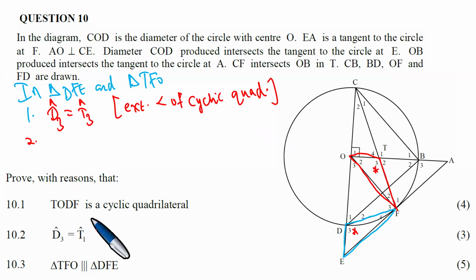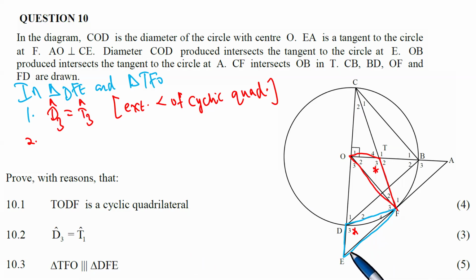Next, what is the next point? If D3 is equal to T3, okay. So now it is true we've taken that.